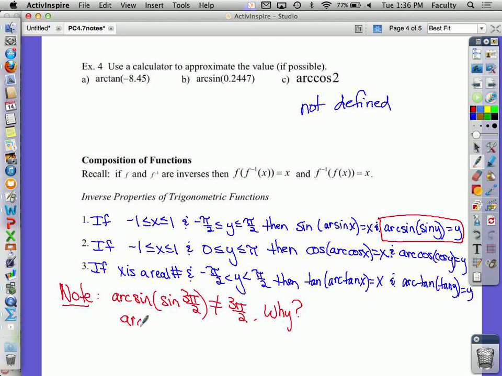So look, I can go to the inside. What is sine of 3 pi/2? That's actually a unit circle value. What is that? -1. Now, can I do arcsine of -1? Yes. What is arcsine of -1?